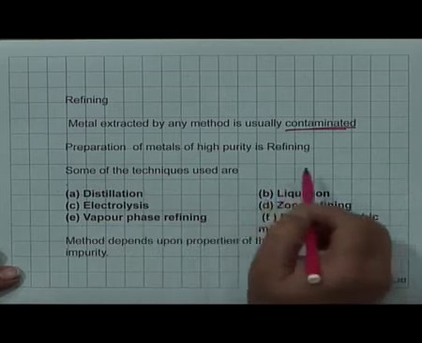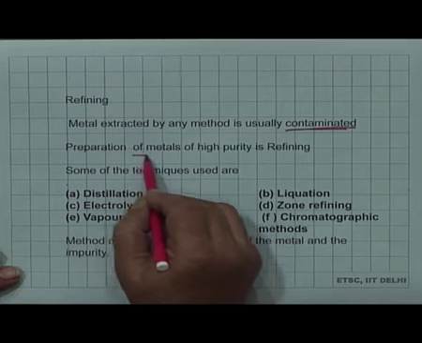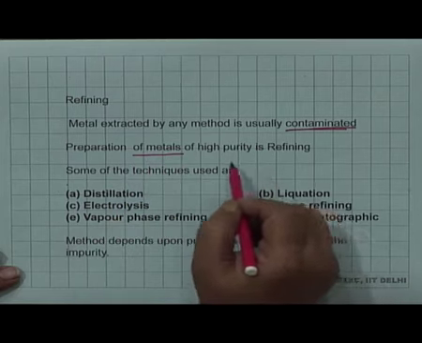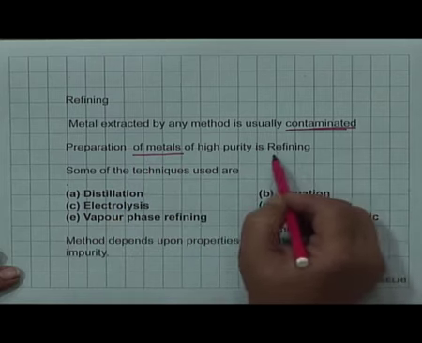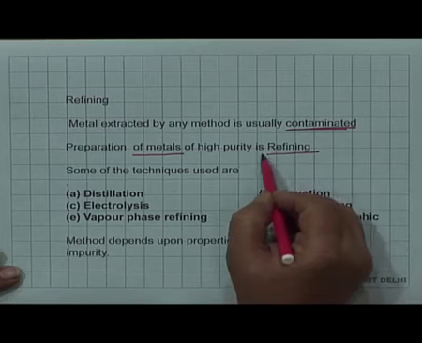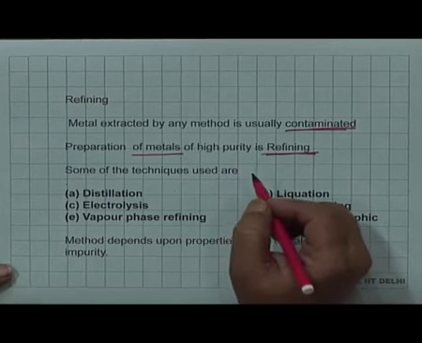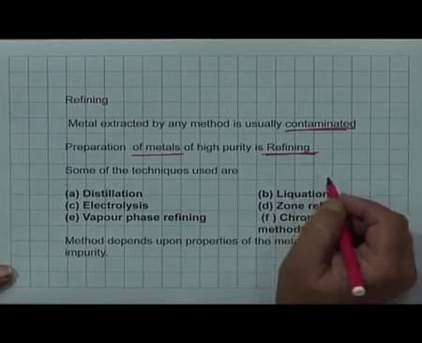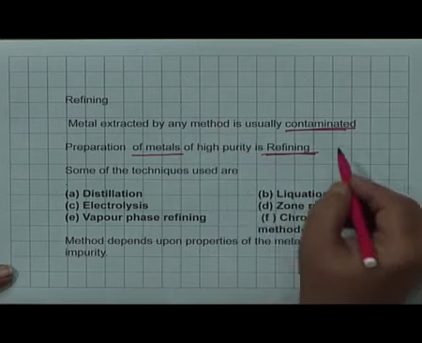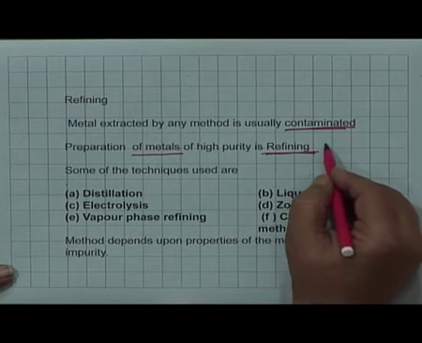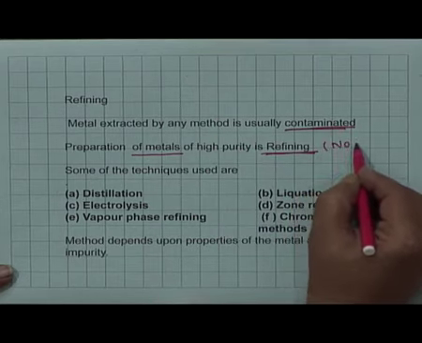To prepare metals of high purity from this contaminated metal is called refining. The question may be that can there be a universal method for refining? Answer is no, no universal method.